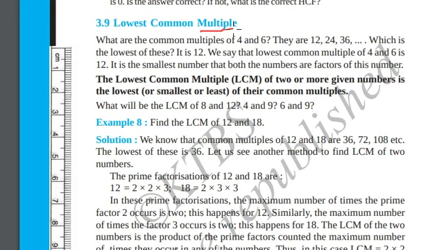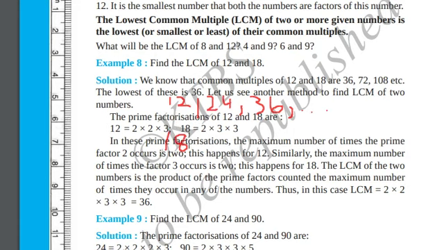The lowest common multiple of two or more given numbers is the lowest, or smallest, or least of their common multiples. Let us find the least common multiple of 12 and 18. Multiples of 12 are 12, 24, 36, and so on.